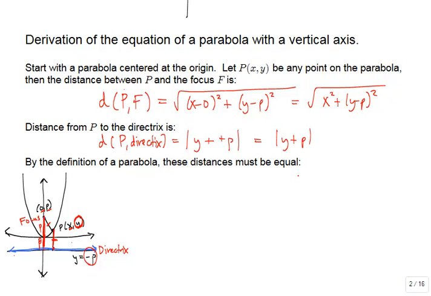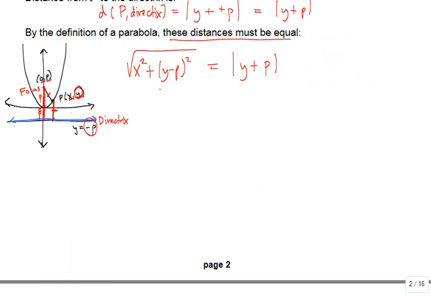Minus minus becomes plus, so this is just y plus p. Now, based on our definition, these two distances must be equal. So I'm going to set these two things equal to each other. Here's the distance between the point and the focus, and that has to equal the distance between the point and the directrix. Now, to simplify this to come up with a cleaner looking equation, first thing I'm going to do is get rid of my square root by squaring both sides.